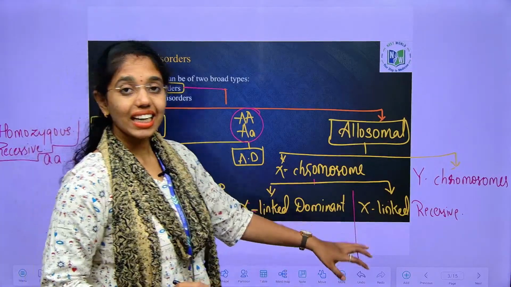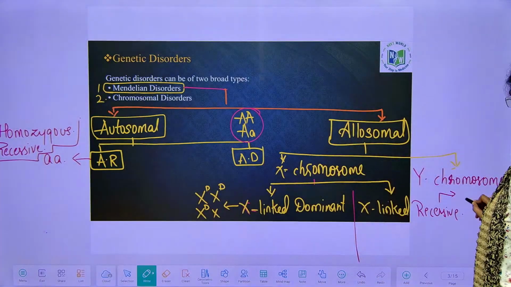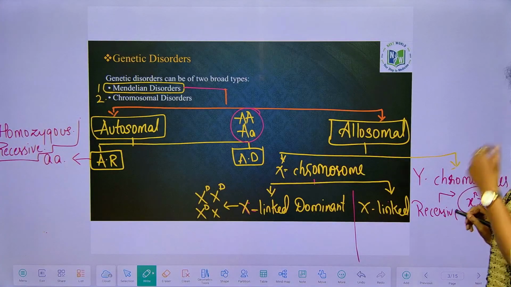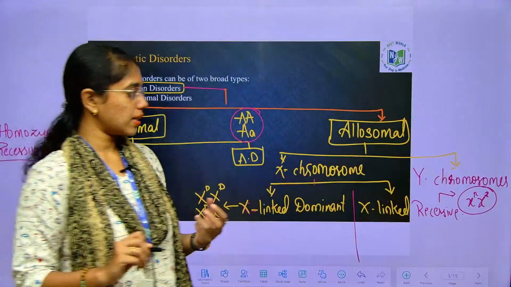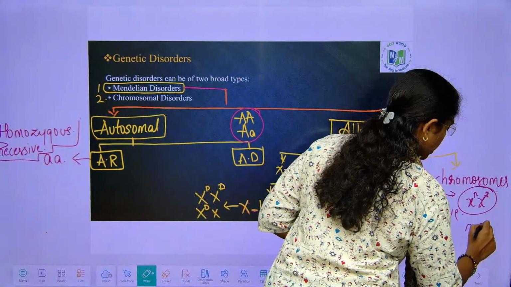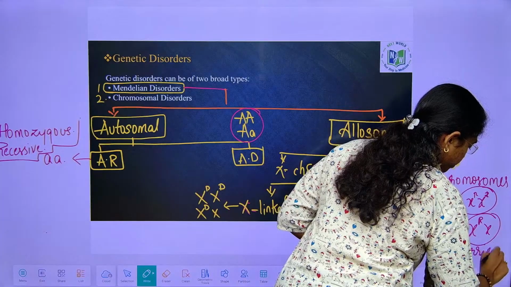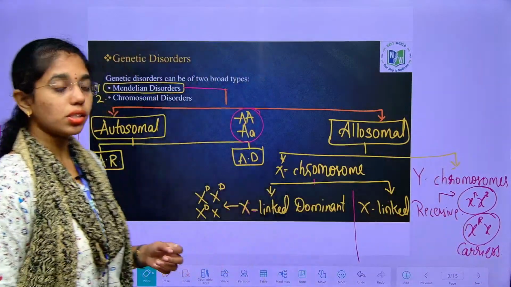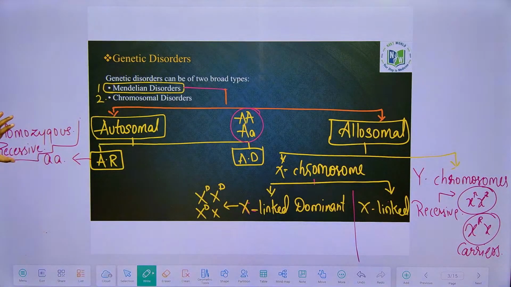But an X-linked recessive disease is exhibited only in the homozygous recessive condition, when the disease allele is on both X chromosomes. In the heterozygous condition, it acts as a carrier.